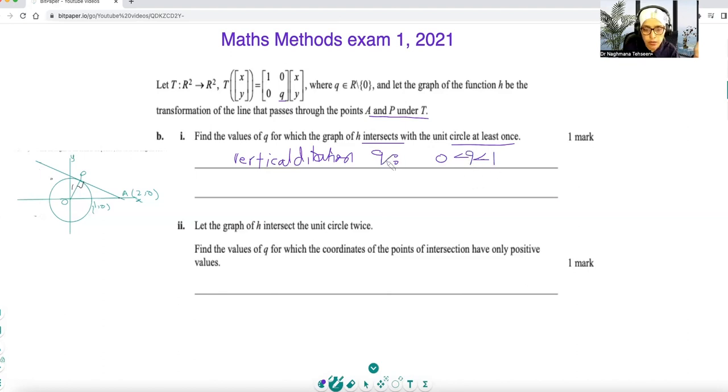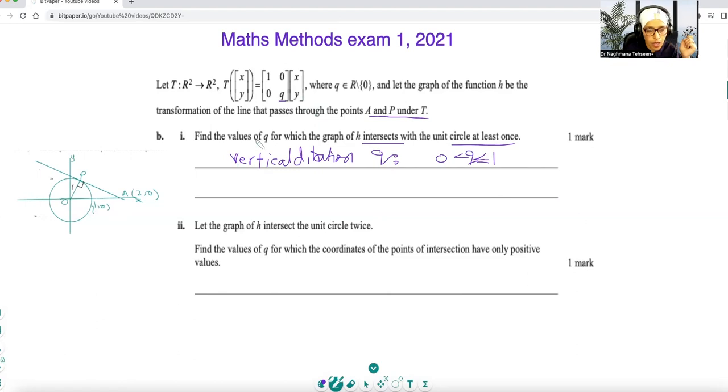So Q is between 0 and 1. It has to be 1 at most, where it touches the circle, and that's the only point. After that, it's not going to intersect the circle. So we want to make sure of that. That's one thing to pay attention to.